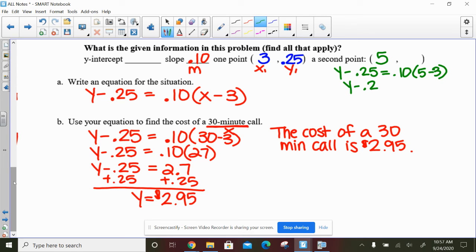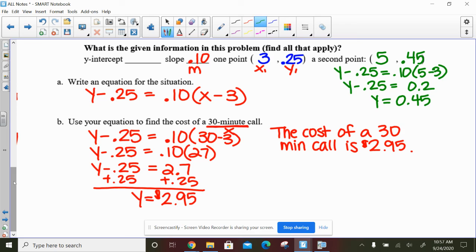So Y minus 0.25 equals 0.2. And then add 0.25. That would give me 0.45. So for 5 minutes, it's going to cost me 45 cents.